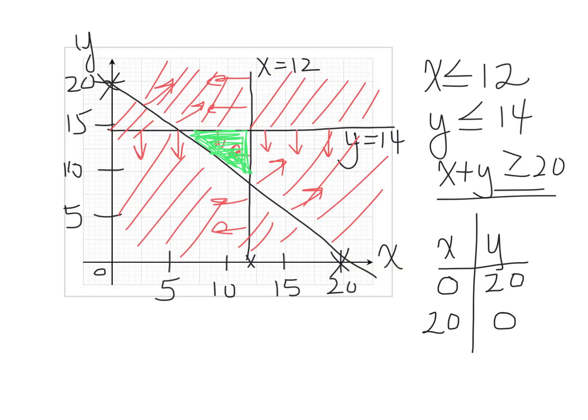It is less than y equals 14, so it satisfies that requirement that she work 14 hours or less at the library. And it also satisfies that x equals 12, where she has to work 12 or fewer hours in the cafeteria. So that would be the feasible region where each of these three inequalities are satisfied, or possible, or feasible. Okay?